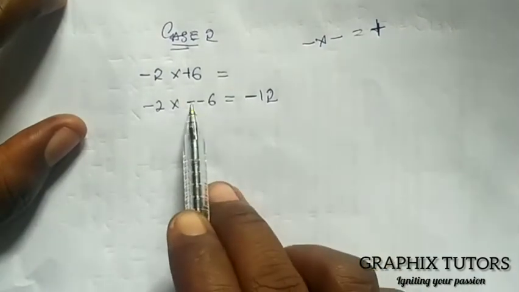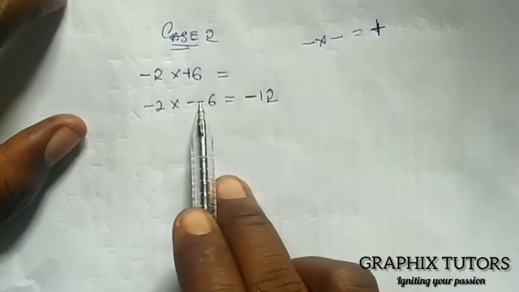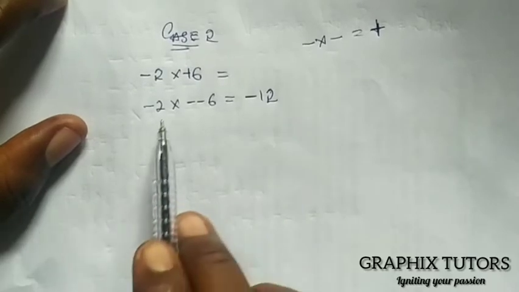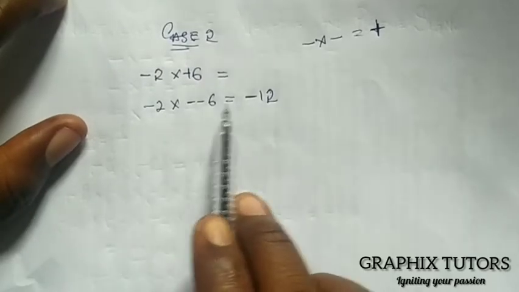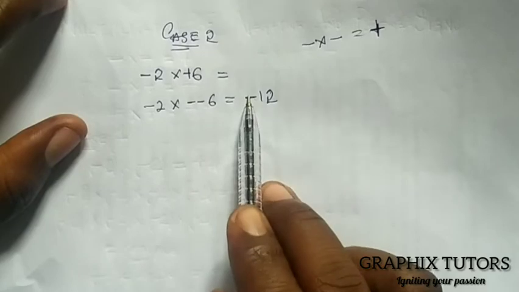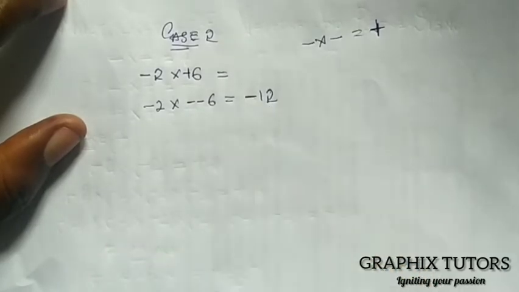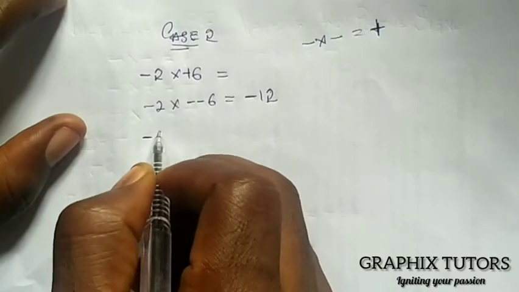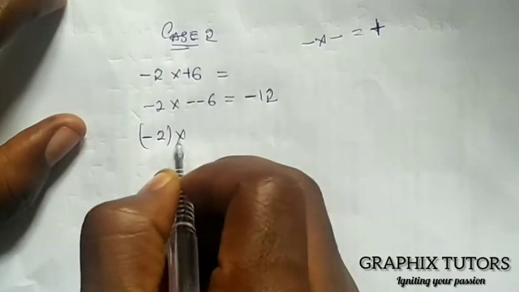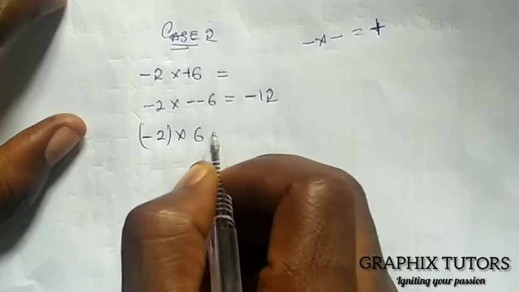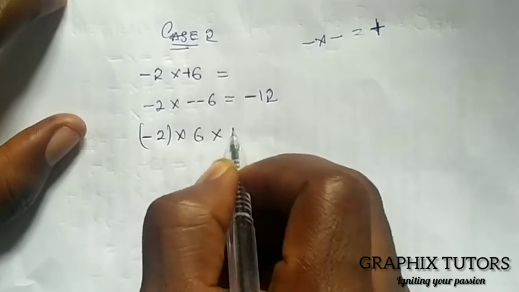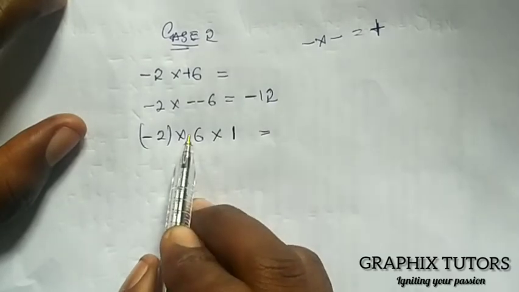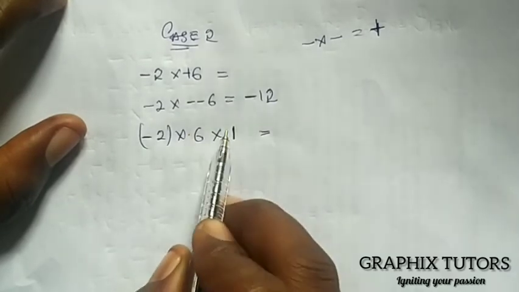A positive sign is gotten from multiplication of what? 2 negative signs. And we said earlier that if your negative is odd in number, your answer will always remain in negative. So that's why we're having this. So if I have minus 2 times 6 times 1, it means there's a positive here and there's a positive here.